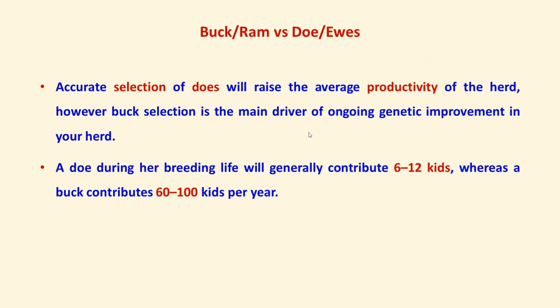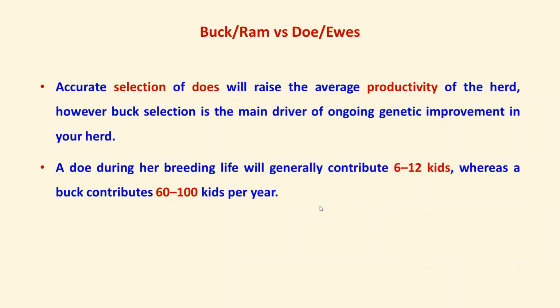Because a male animal, a buck, will contribute 60 to 100 kids per year, and a doe or female animal will generally contribute on average 6 to 12 kids. So who is contributing more? Definitely the male animal is contributing more to your herd. That is the reason why we concentrate on male selection in the first place. I'm not saying that we are not going to select the doe.